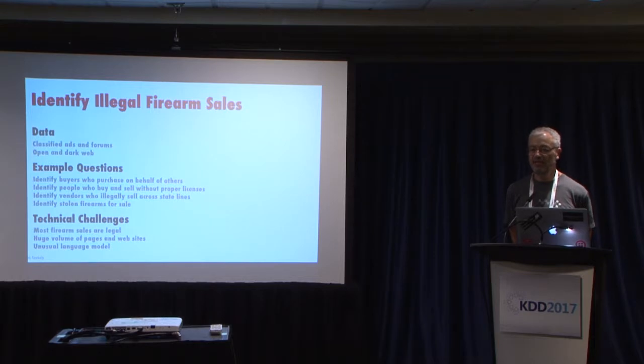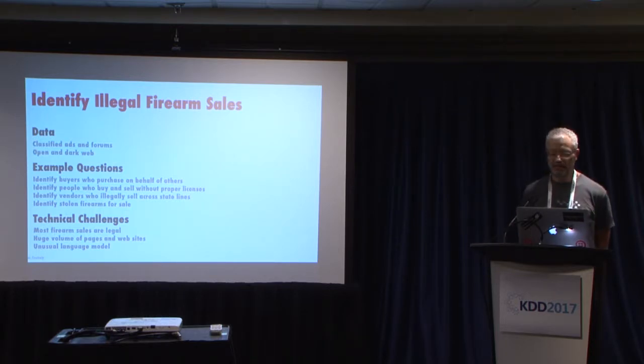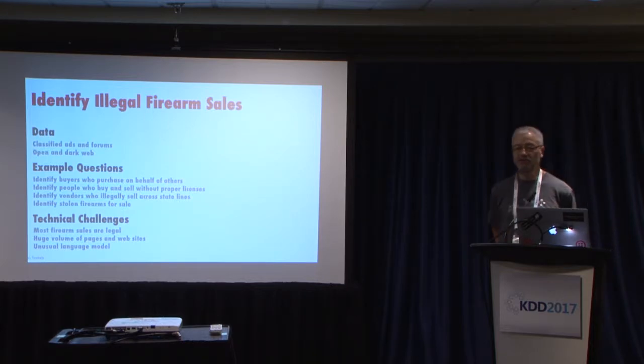And so the idea is, can we mine this massive set of online advertisements and forums to find the people who are doing this illegally? For example, find people who are buying guns on behalf of somebody else who is not allowed to buy guns. Find stolen guns on the classified ads. So these are all domains where there is a lot of public data and very interesting questions.